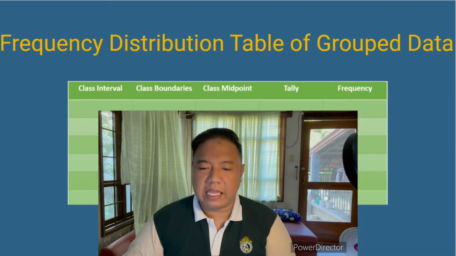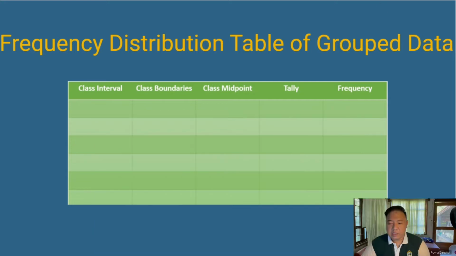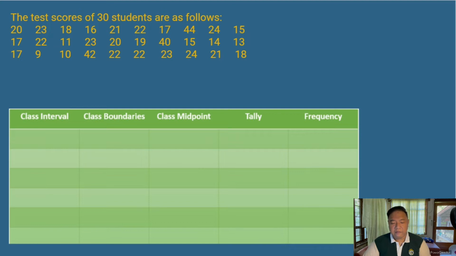So, let's have an example. For example, we have here the test scores of 30 students as follows. Ayan po yan. And then, first is to determine the number of classes. Ilan po ulit yung given po sa atin dito? We are given here 30.